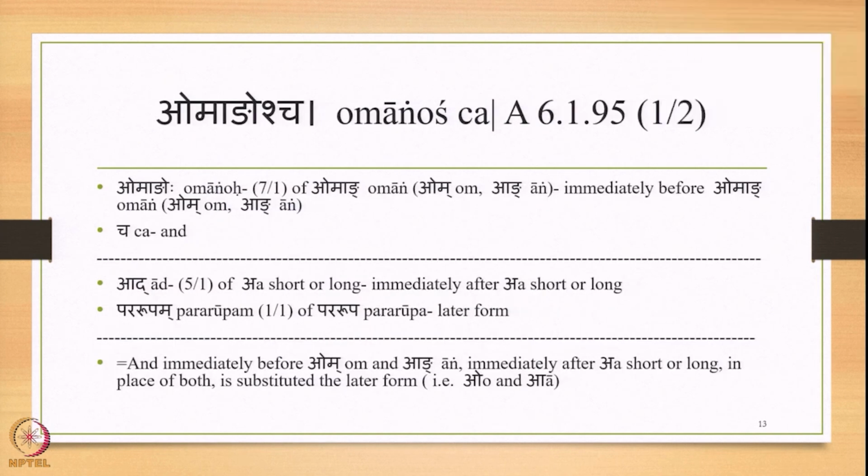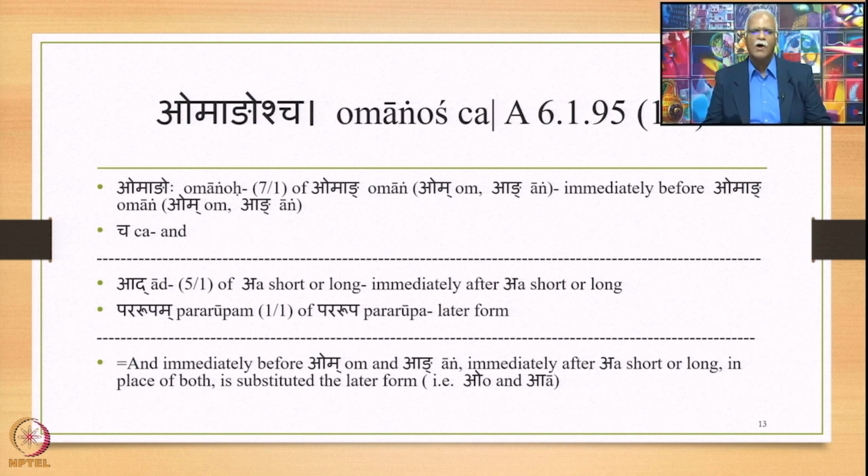First, let us take Omangoscha 6.1.95 for our consideration. Omangoscha has got 2 words, Omangoho and Cha. Omangoho is 7/2 of Omang. Omang has got 2 constituents, Om and Ang. Ang is a preverb and upasarga. So Omangoho means immediately before Om and Ang. Cha means and.